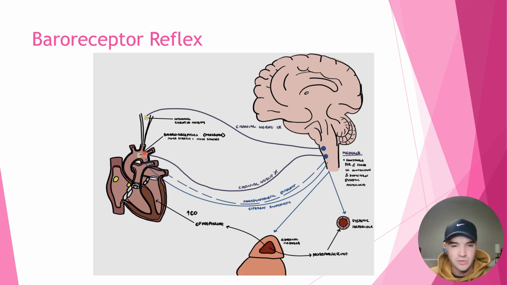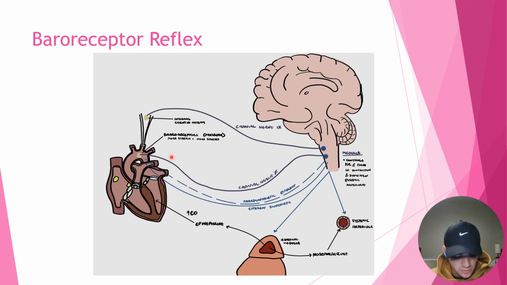So when they receive pressure, they will send signals up to the medulla, which controls the heart rate and the force of contraction and the diameter of arterioles. So that is the purpose of the medulla, but it'll send it through cranial nerve 9.